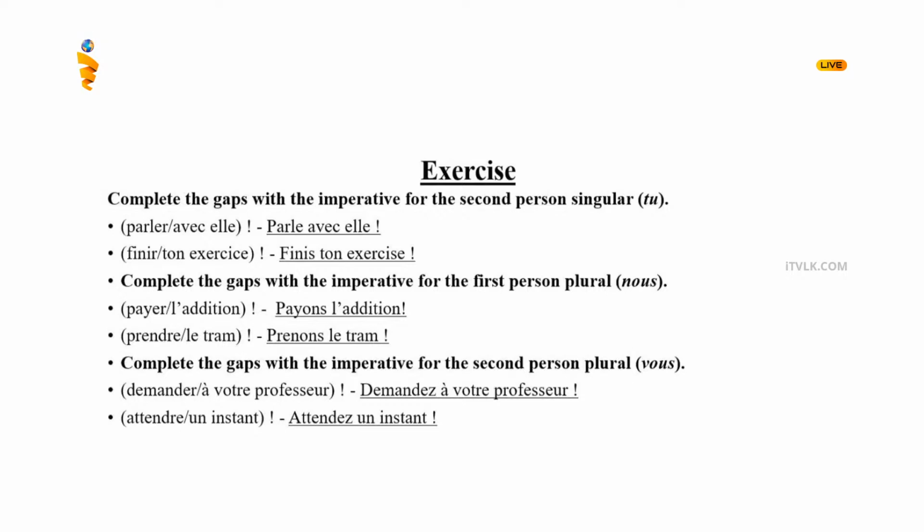So you say demandez à votre professeur, because it's conjugated with vous, and attendre un instant, I have to write it as attendez un instant. So this is how you may have to use imperative when it comes to a grammar exercise where you have to make your sentence by using imperative.